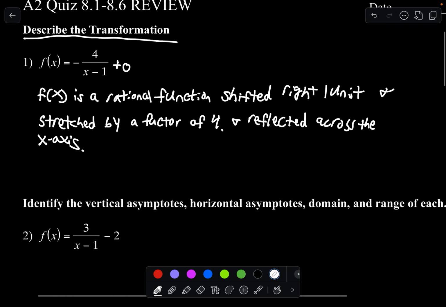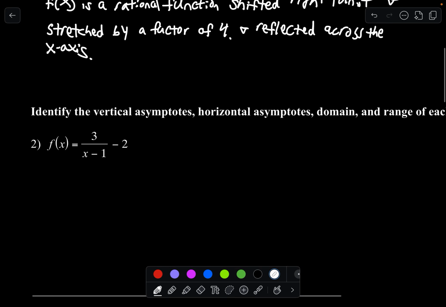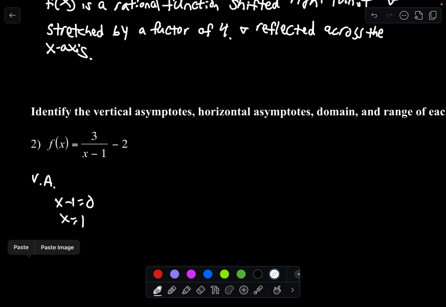Okay? And now on question number 2, identify the vertical asymptotes, the horizontal asymptotes, domain and range of each. Well, the vertical asymptote is where the denominator of the fraction equals 0. In this case, that means x minus 1 must equal 0. That occurs when x equals 1. So that's the vertical asymptote. All right, the horizontal asymptote, the HA, is basically the idea when x gets big.